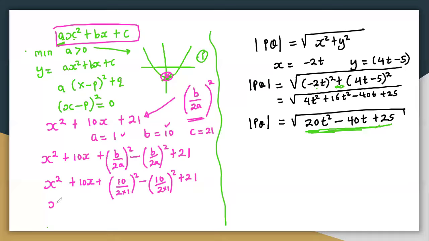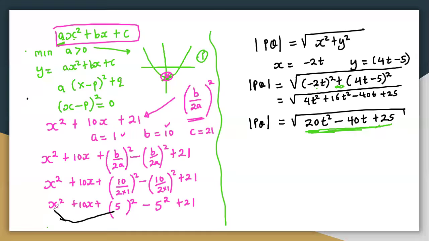When I continue, this is x squared plus 10x plus, inside here I'll have 10 out of 2, I'll have 5, everything squared, minus 5, everything squared, plus 21. Now what you do, members, don't struggle with finding that this is a complete square. Always get this x and this 5, combine them. When you look at this 5, there is a positive sign.